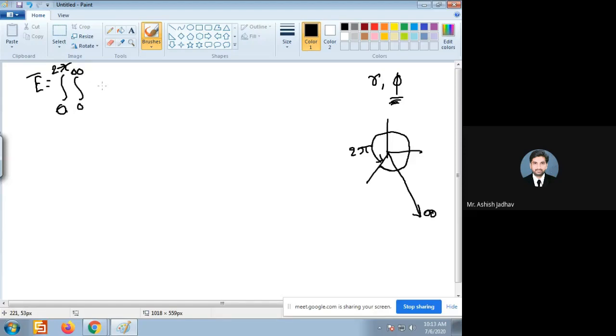Next is the term that we have obtained as a differential electric field. So that is rho s, then ds, in place of ds we have written r dr d phi, divided by 4 pi epsilon naught, and r square plus z square raised to 3 by 2, times z a bar z.